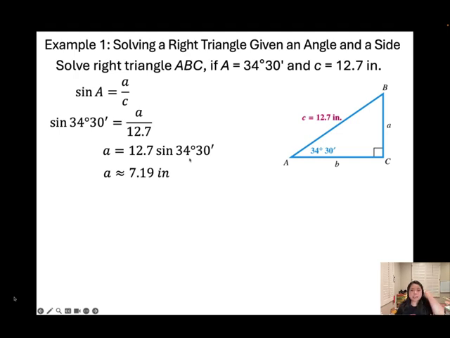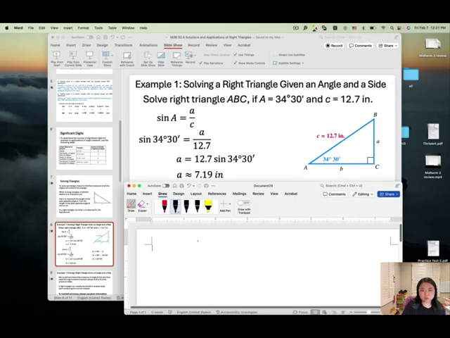Remember how to use your calculator with this angle? Let me show it to you. When the given angle is 34 degrees 30 minutes and you want to convert it to decimal form to put into your calculator, what are you going to do? 34 degrees 30 minutes equals 34 degrees plus 30 divided by 60.